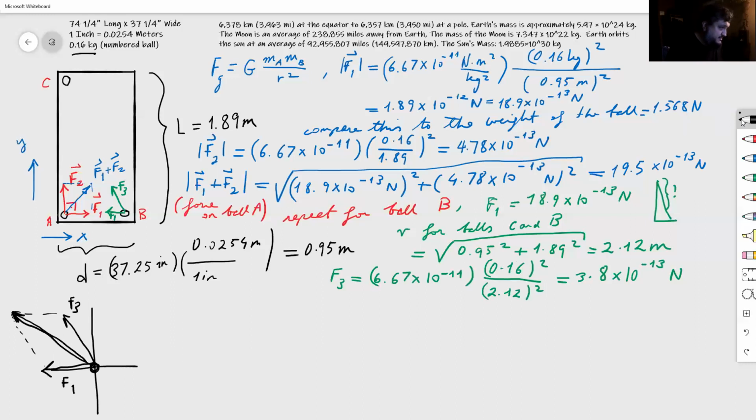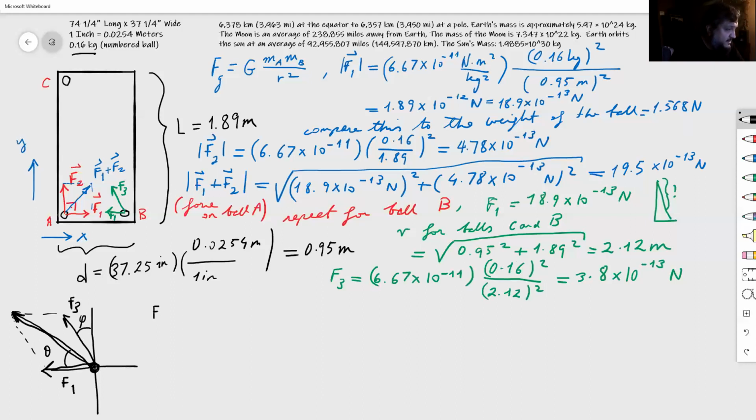That is your net force. So I will have an angle here, theta, and this, let's call it phi. All right, so I'll need those when I add them. Now F1 and F3, let's call the sum just F.